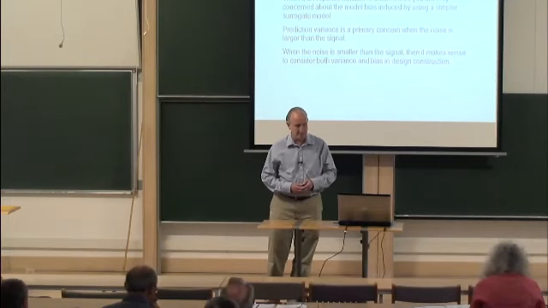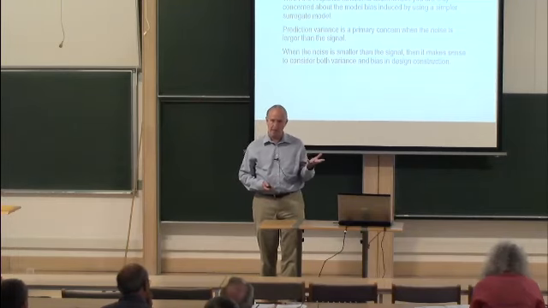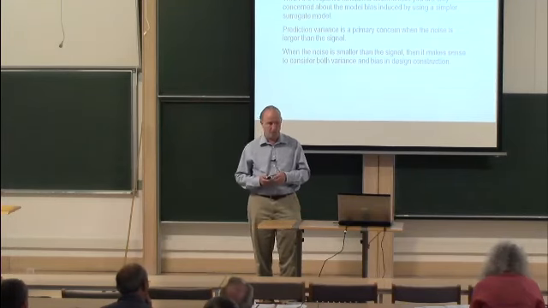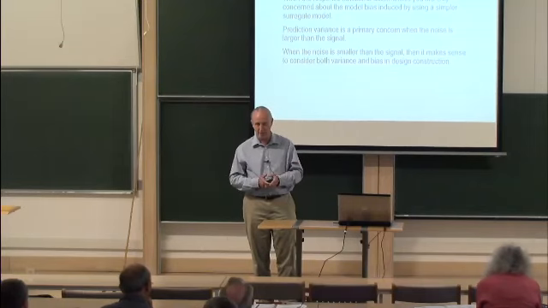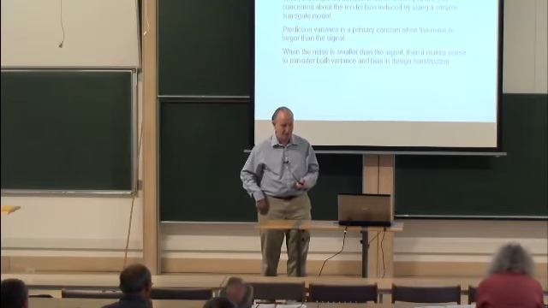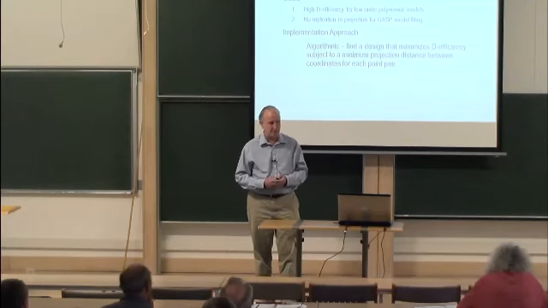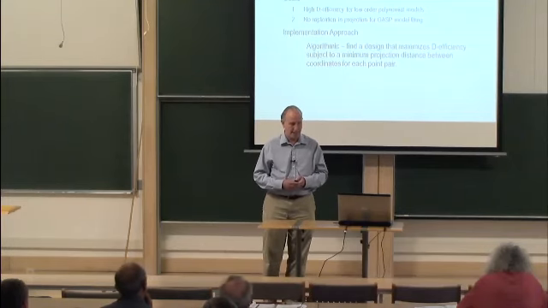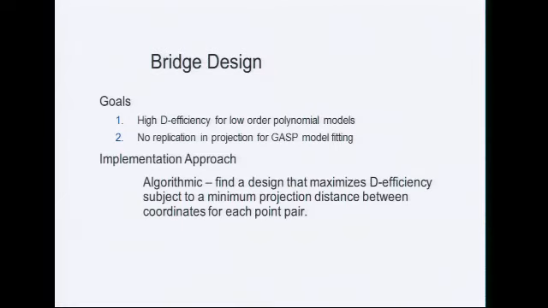But when the noise is smaller than the signal, then it makes some sense to think in your design construction about both variance and bias, and try to figure out how you might trade off there. And that's the motivation for this bridge design idea. It has high D efficiency, or actually high variance efficiency, because you don't have to use D efficiency as your variance criterion.